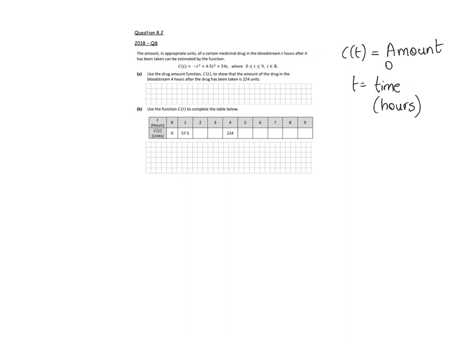It's not great English, but as long as you understand exactly what it is, it doesn't really matter. So it wants us to use the drug function C(t) to show the amount of drug in the bloodstream 4 hours after the drug has been taken is 224. This is quite simple because they've actually told us whether we're going to be right or not. So we need to fill in t with 4.